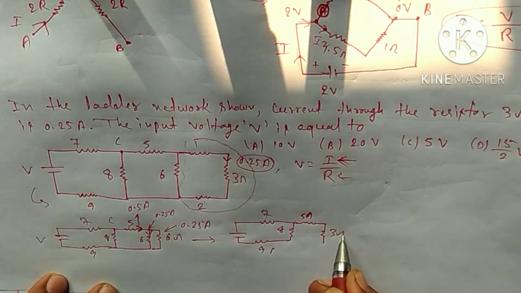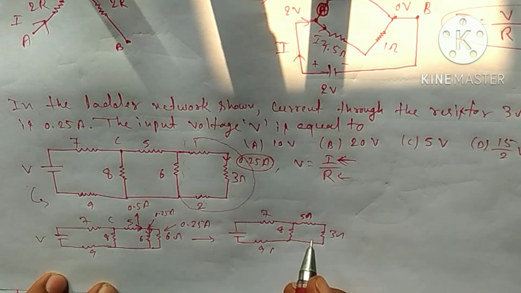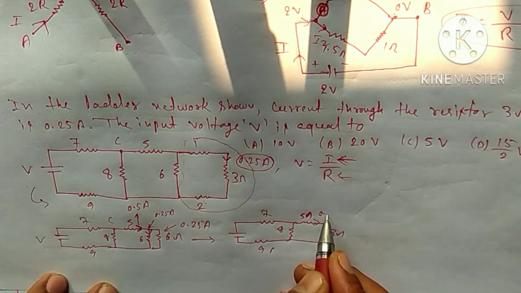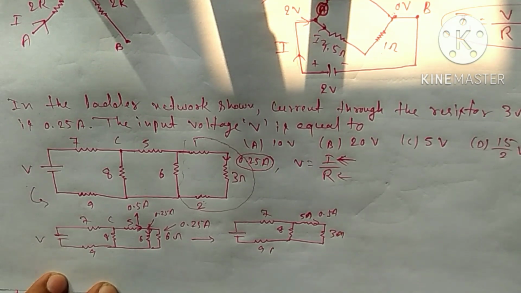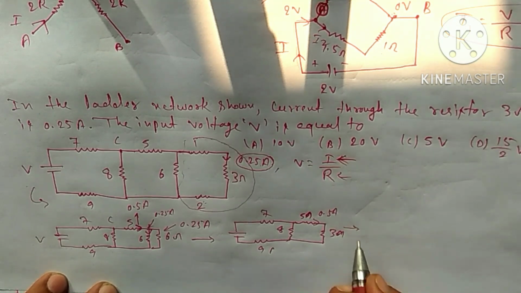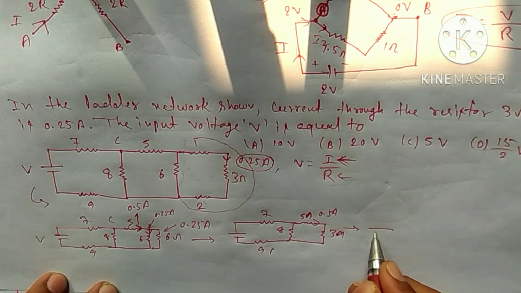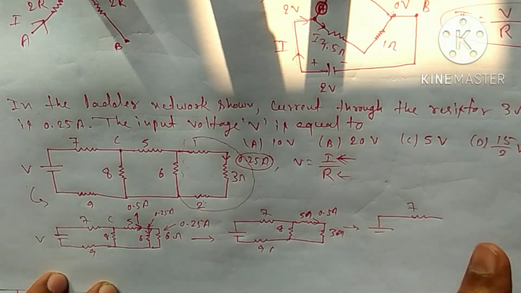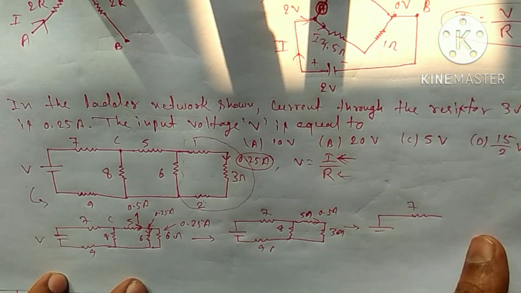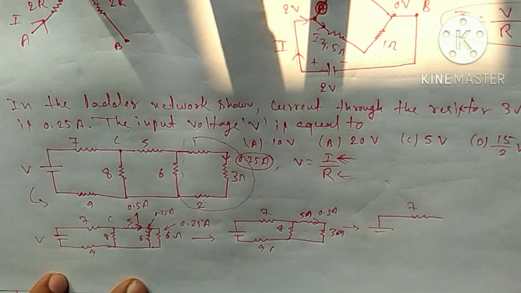Okay, 3 ohm. Okay, so look at the figure. The total current flowing through the 3 ohm is also 0.5 ampere. So after combining again we can find how much current is flowing through the 8 ohm.